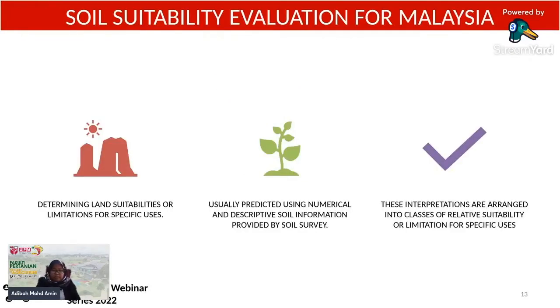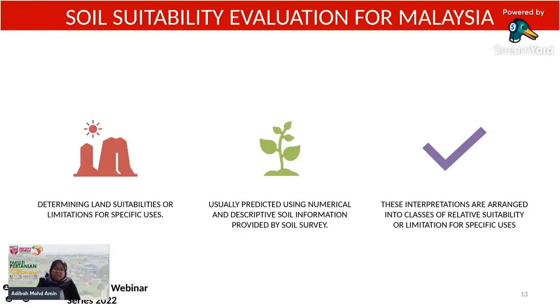Okay, the soil suitability evaluation helps to interpret the suitability of land for agriculture in Malaysia. It determines land suitabilities or limitations for specific uses, usually predicted using numerical and descriptive soil information provided by the soil survey.